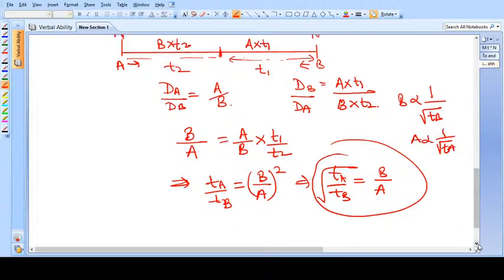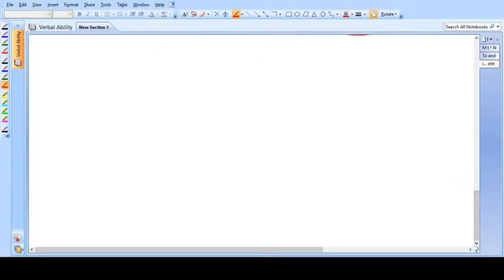So this needs to be remembered. So let's take a question here. How would we do this? This is the diagram, and a vectorial representation needs to be made. A starts from here and B starts from here. They meet here.